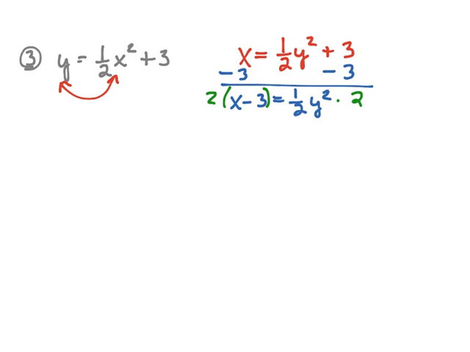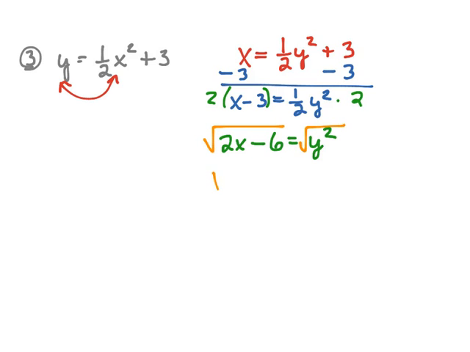So if I multiply the left side by 2, 2 times x is 2x. 2 times a negative 3 is a negative 6. And of course over here when I multiply 1/2 times 2, I'm left with a 1y squared. I'm almost there. I almost got y by itself. Next thing I need to do is take care of that square. The opposite of squaring something is to take the square root of it.